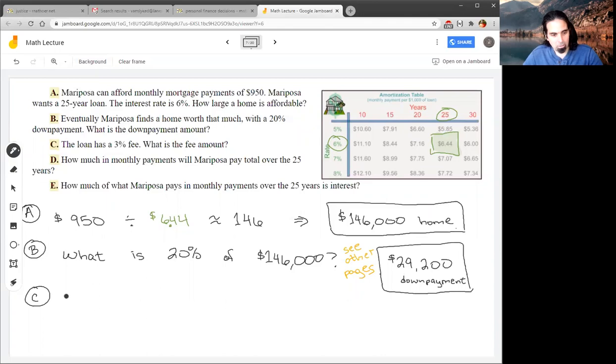So the loan is going to be, well, we take what we need to pay for the house and then subtract away that down payment.